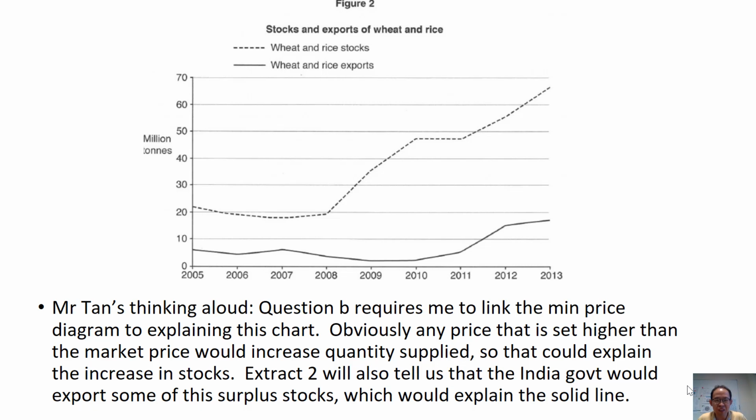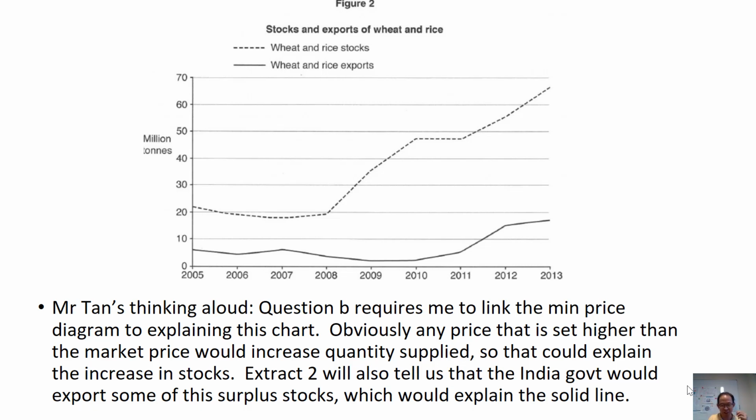The next figure is this Figure 2. You have a dotted line that shows the wheat and rice stocks and a solid line that shows wheat and rice exports. Now, let me demonstrate to you what I mean when I'm thinking aloud. When I look back at question B, it requires me to link the minimum price diagram to explain this chart.